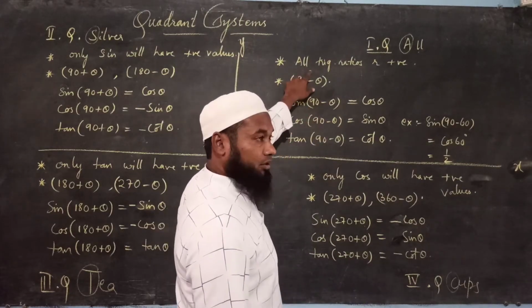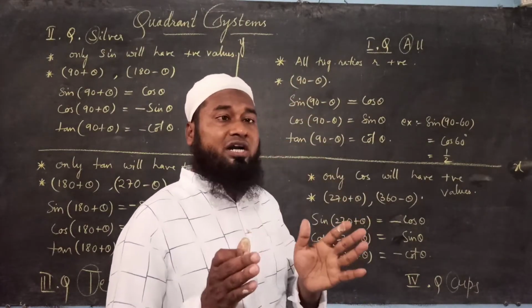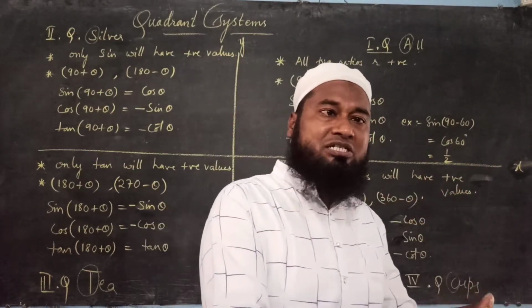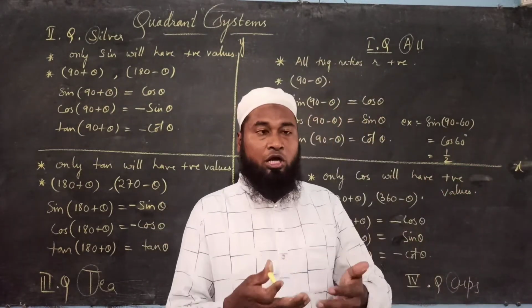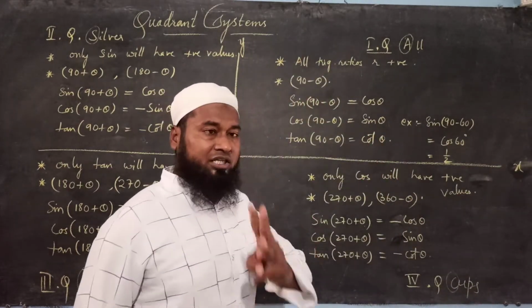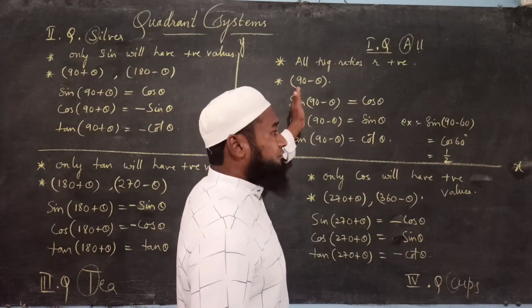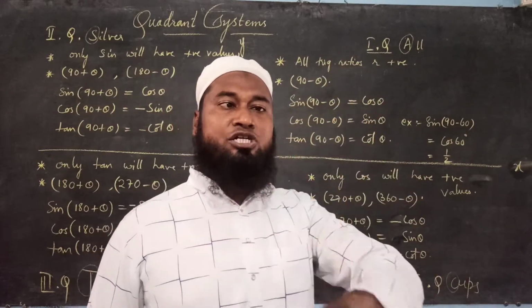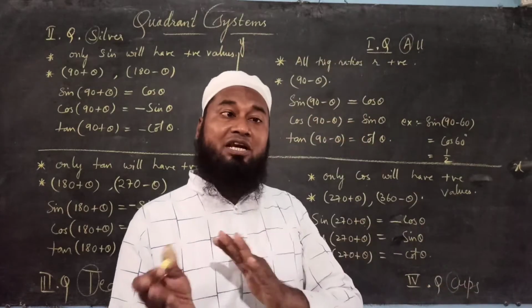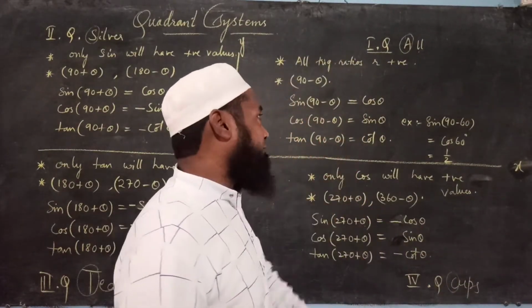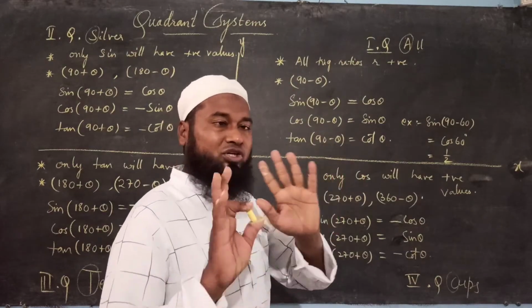The second thing is, in each quadrant, how the angle form will be, whether it will be 90 minus theta, 90 plus theta, 180 minus theta, so on. So angle forms you must know related to quadrant. The third thing is, when the sine will change to cos, when the cos will change to sine, when the tan will change to cot, or how they will remain constant, that you must remember. So these three things if you remember regarding each quadrant, it's more than enough.